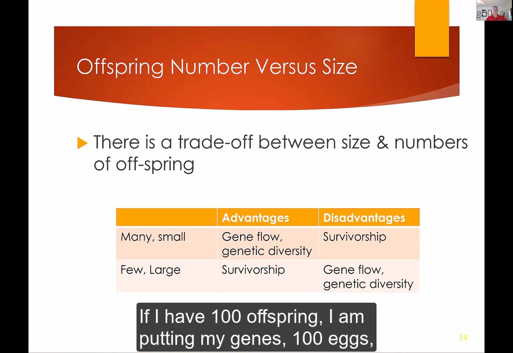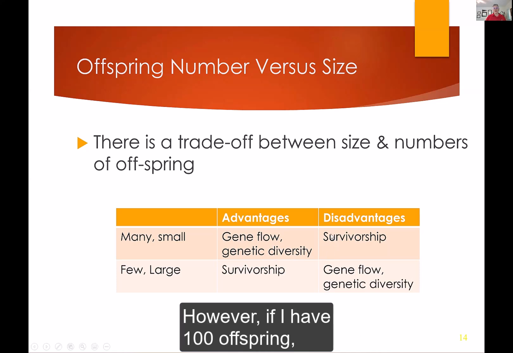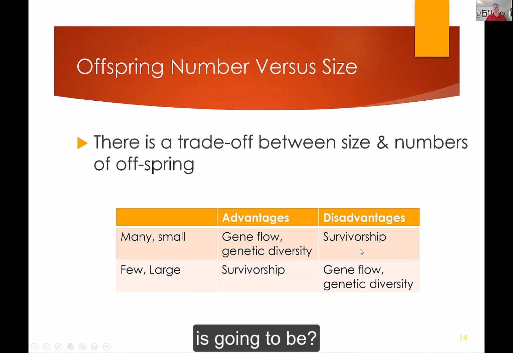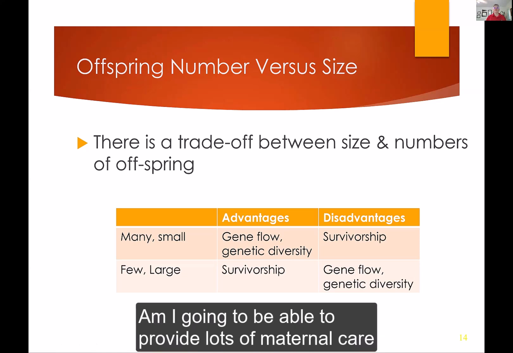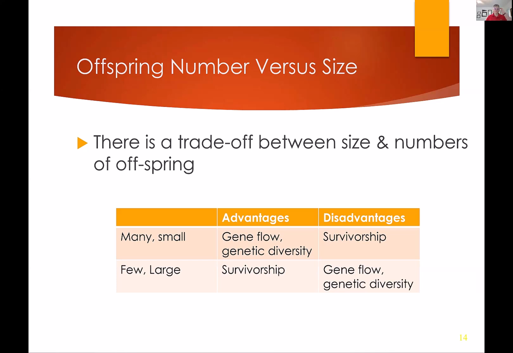If I have 100 offspring, I am putting my genes, 100 eggs, out into the environment. So high genetic diversity. However, if I have 100 offspring, what do you think the survivorship of those 100 is going to be? Am I going to be able to provide lots of maternal care to ensure they reach adulthood? Probably not.